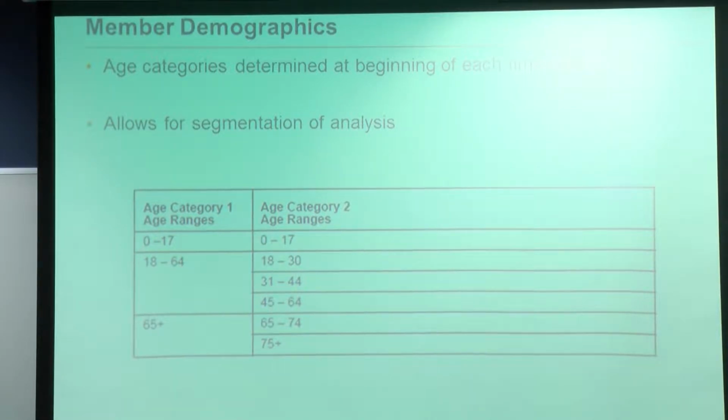Now, one thing to keep in mind is you can see that for the 65 plus, we do 65 to 74 and 75 plus. If that's not enough in terms of the Medicare population when you pull it in, you guys, let WEO know, because that's one of those things that we can fix. We have many clients that take that in 5-year increments, all the way up to 100. So, something to think about.